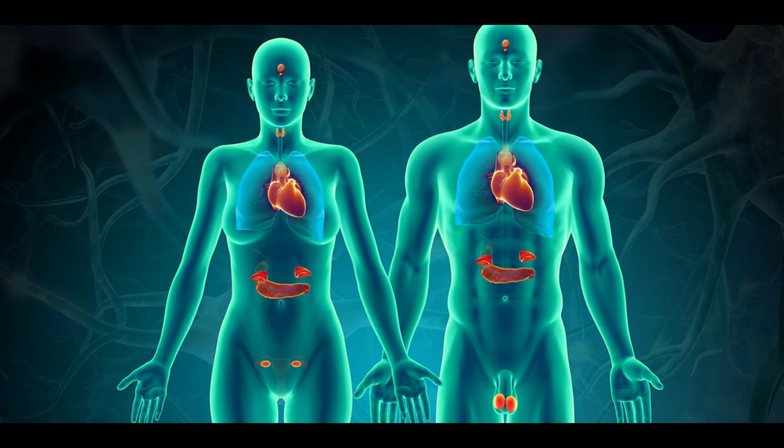Thyroid hormone is one of the most important developmental hormones for the nervous system. Absence of thyroid hormones during fetal life results in a poorly developed nervous system and a form of mental retardation called cretinism.